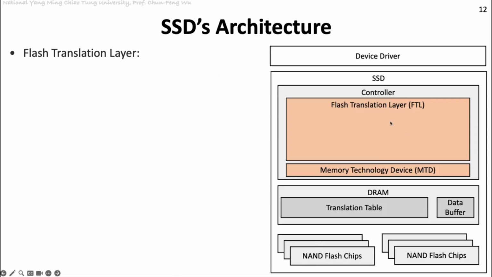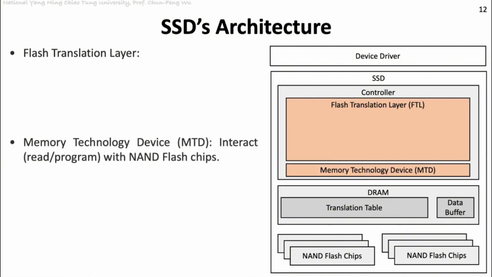They use some firmware level solutions to solve these NAND flash chip issues inside the SSD. Outside the SSD here is the device driver, which is part of the kernel, but most of the solutions will be inside the SSD. This FTL, you can think of as firmware inside the controller, inside the SSD, and the controller runs the firmware. So there are 2 main blocks.